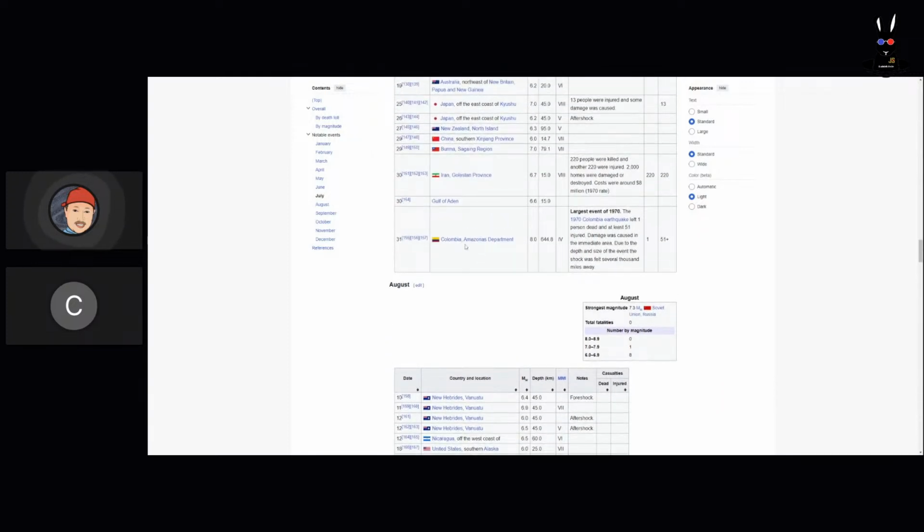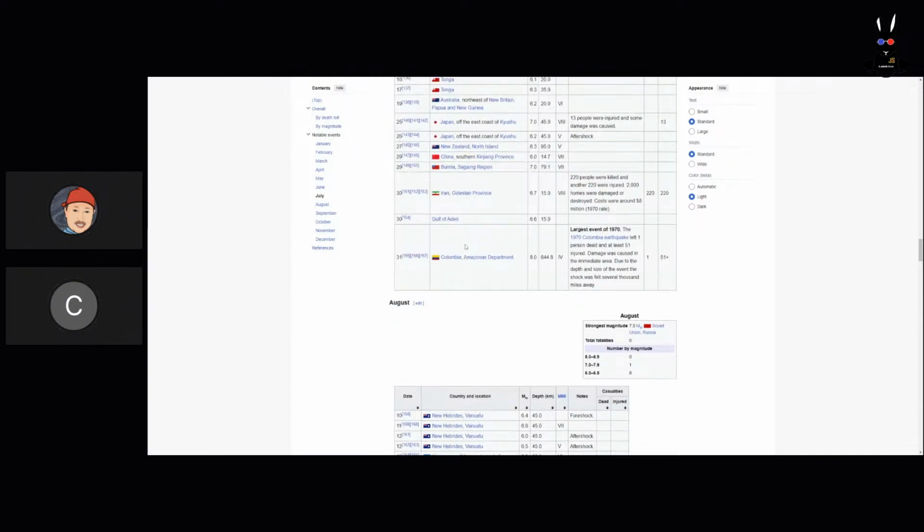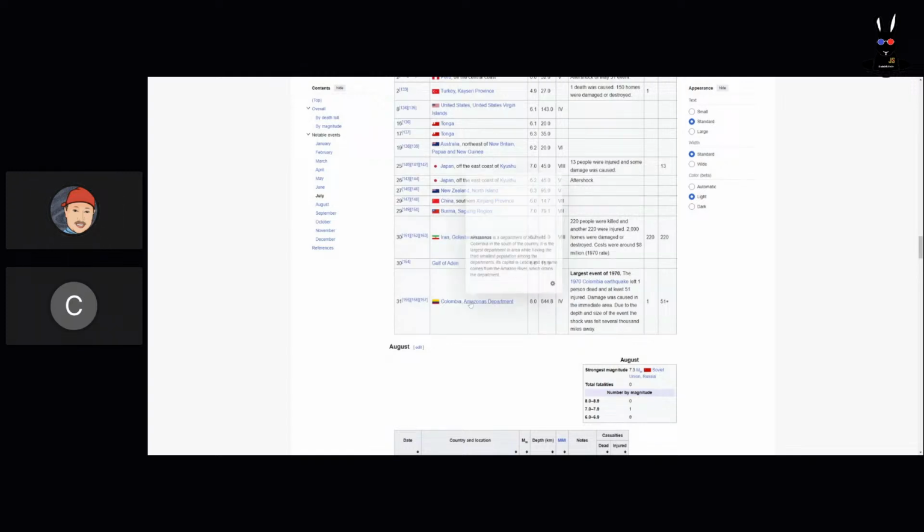Then up above, oh, Colombia had an 8. 8 in July. So go through July, and it's the end of the 31st, looks like.